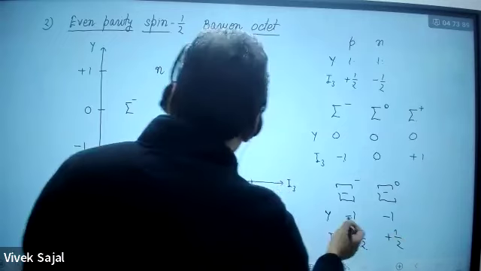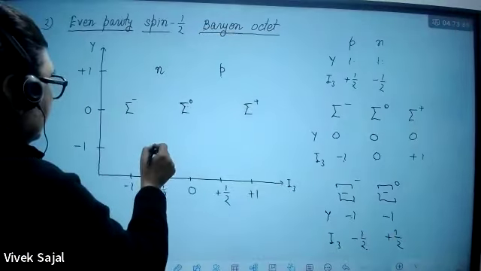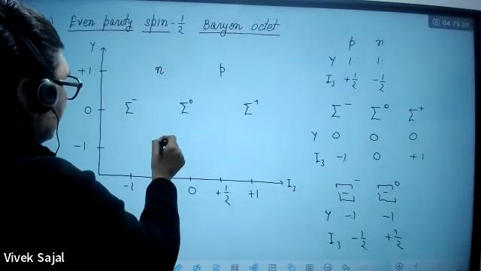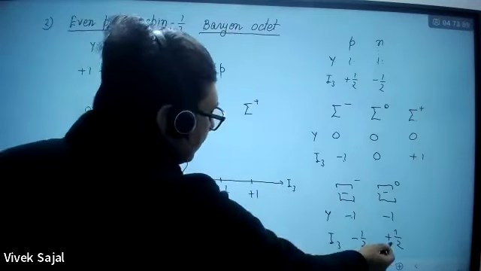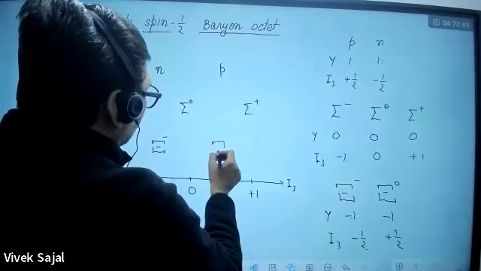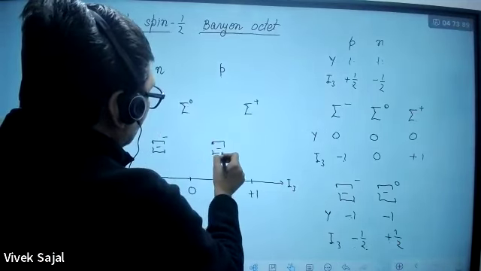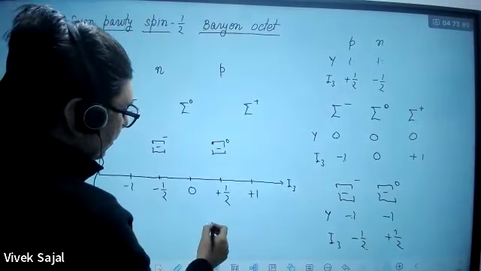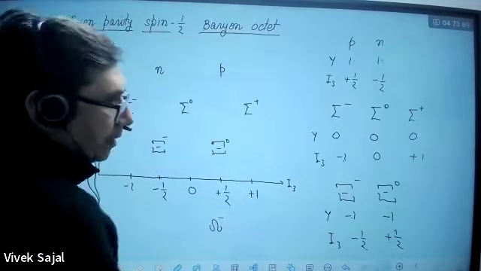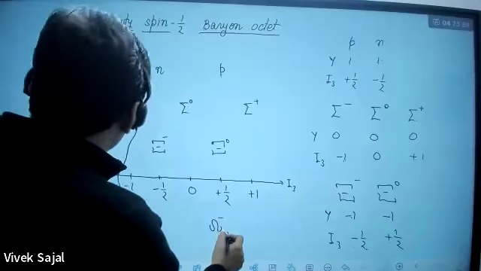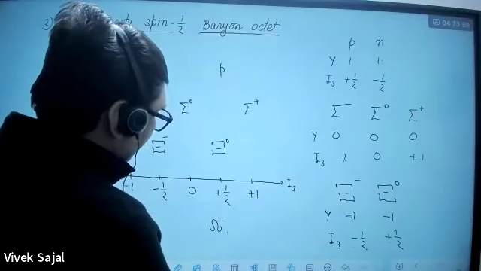So at minus half, minus 1, this will be cascade negative here. And here plus half, minus 1, that will be cascade neutral. And last is omega. Omega minus, B number is 1. Strangeness number is minus 3.